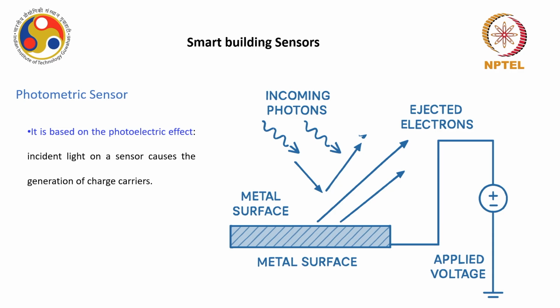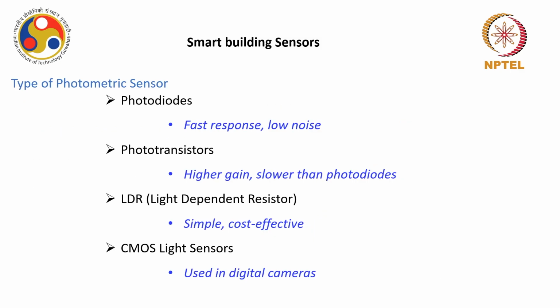The basic physics behind these sensors is the simple photoelectric effect. The light is incident on a material and it generates some charge carriers, the ejection of electrons, and we sense that. Photometric sensors are mostly based on this particular effect. Depending on what you are using to detect this generated charge, you can have multiple types of photometric sensors.